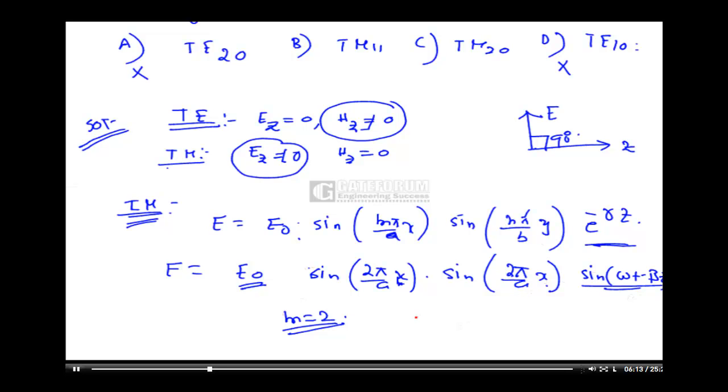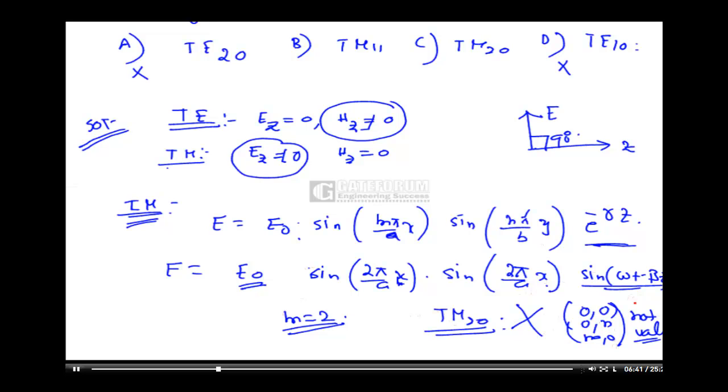So m is equal to 2 and n is equal to 0, so TM20, which is a wrong option, because we know that for TM modes the combinations 00, 0n or m0 are not valid, because for these combinations all components become 0.